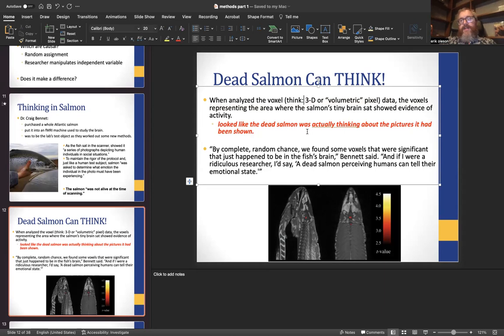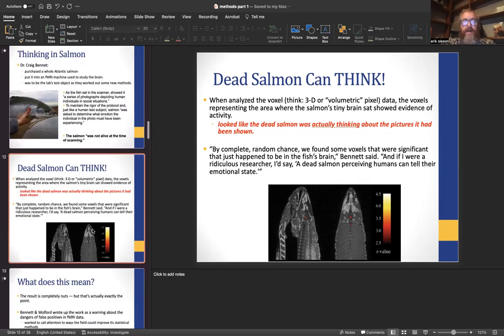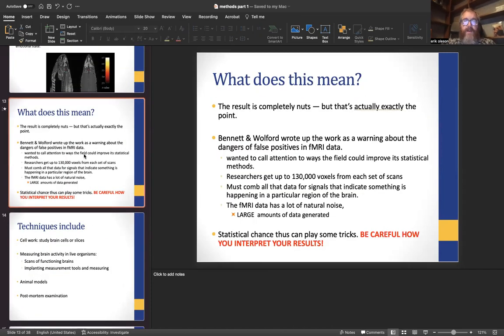It looked like the dead salmon was actually thinking about the pictures it had been shown. By complete random chance, they found that some voxels that were significant just happened to be in the fish's brain. And if I were a ridiculous researcher, I'd say a dead salmon perceiving humans can tell their emotional state, because such things could be concluded without controls.